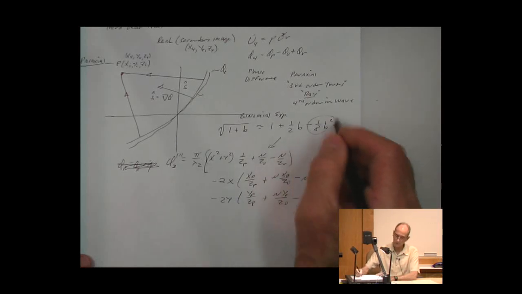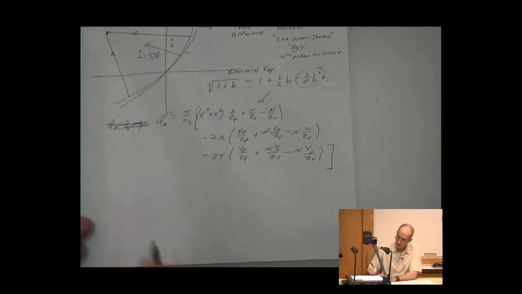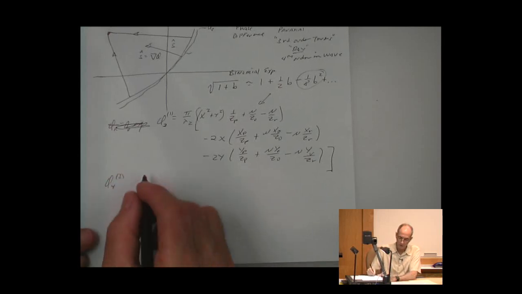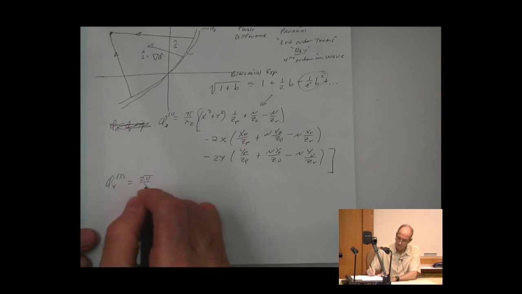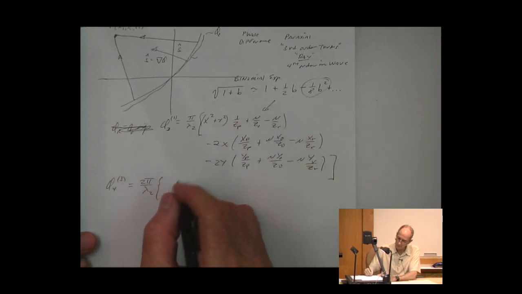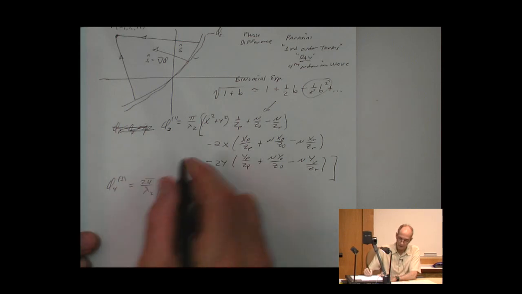But if we now just look at that term, it has the form that we want for describing the third order terms. So the phase for the third order is going to look something like 2 pi over lambda 2, and then we have that factor, minus 1/8, times z cubed down there.